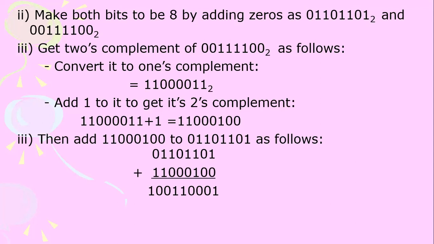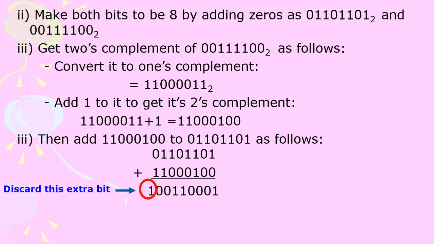We carry 1. 1 plus 0 is 1. 1 plus 0 is 1. 1 plus 0 is 1. 1 plus 1 is 0 carry 1. So we write 0, we carry 1. 1 plus 0 is 1. 1 plus 1 gives us 0 carry 1. So we write 0, we carry 1, and we drop that 1 as the most significant digit.